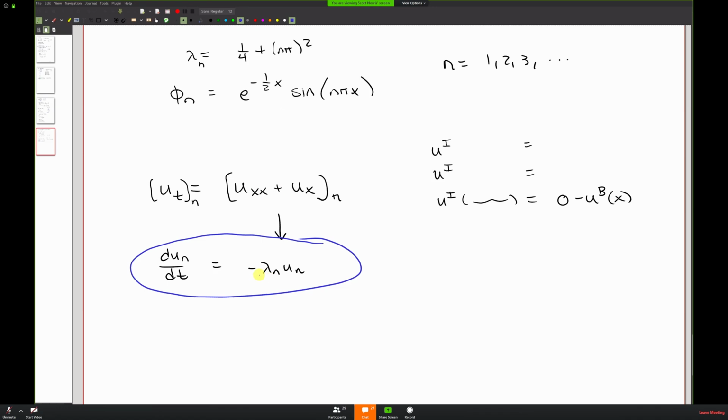Okay, and so I'm always just going to have to solve some ODE, satisfy the initial condition, and invert the solution. So I'll have u_n of 0 equal to the negative transform of u_b of x. Whatever that solution is, I'm going to have to take its transform, and that's going to be the initial condition for this ODE.